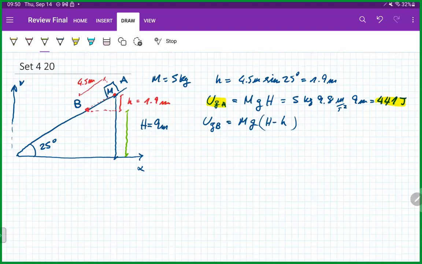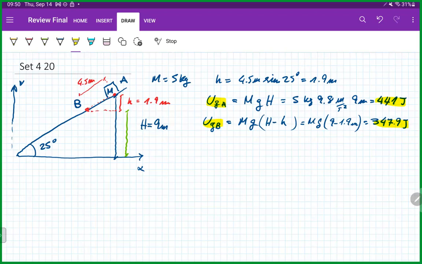The y coordinate of B is going to be big H minus small h, okay? And that is mg times 9 minus 1.9, and that's 347.9 joules. Okay, so that's the gravitational potential energy for point B after it traveled 4.5 meters along the ramp.